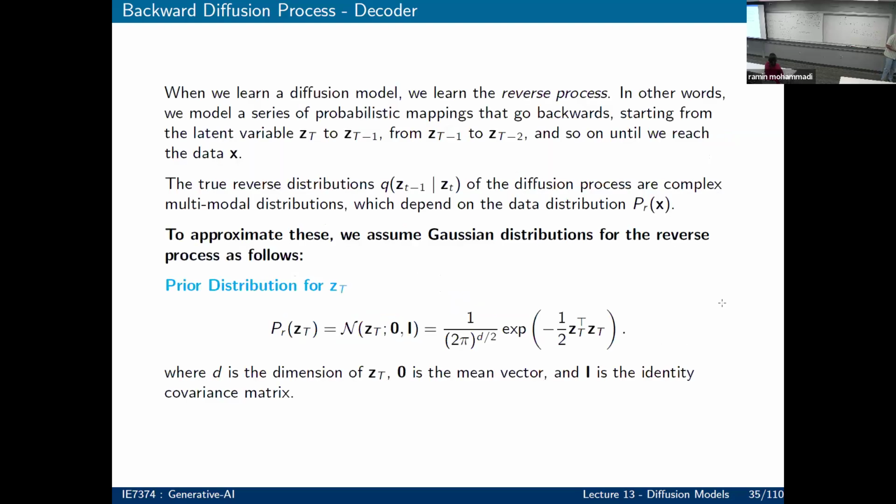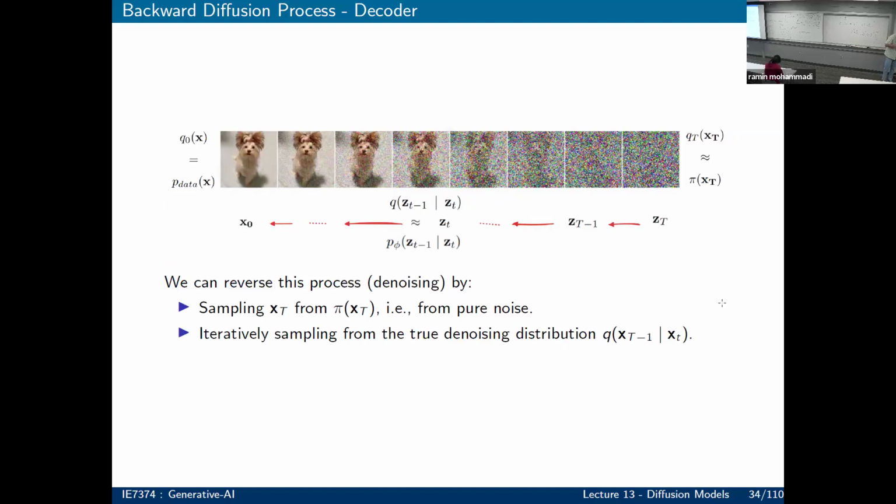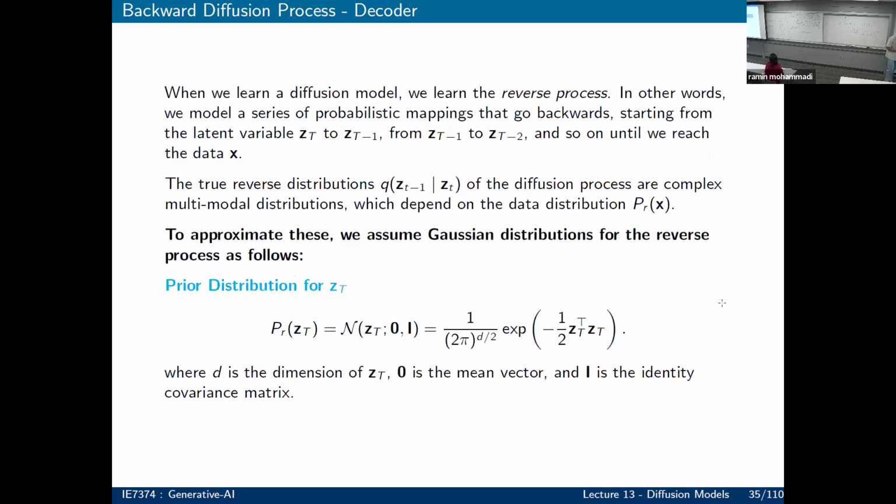Now, think about how we start. You start from the right corner, Z_T, pure noise. This is the distribution of pure noise, correct? The last term is a simple Gaussian, and it comes from this term because the mean is 0 technically, and the variance is 1.